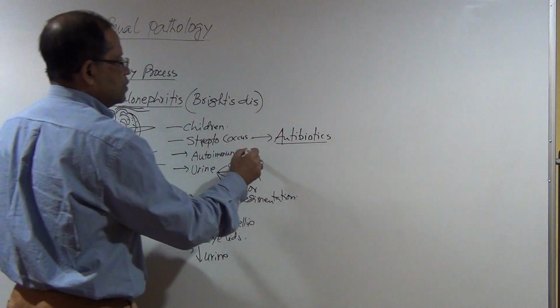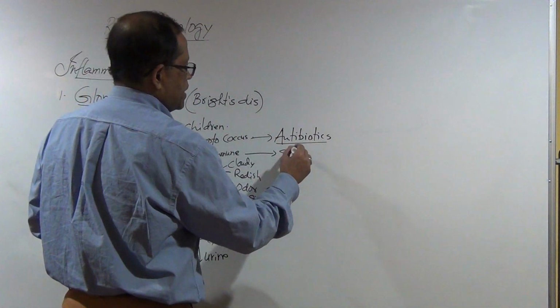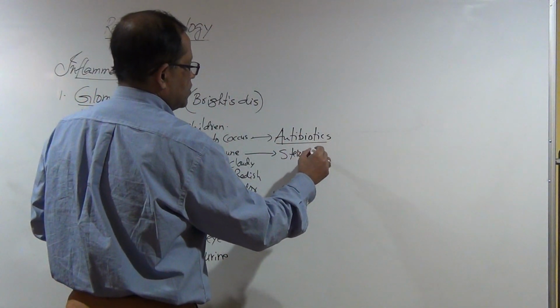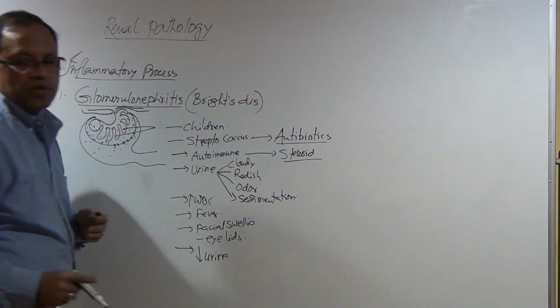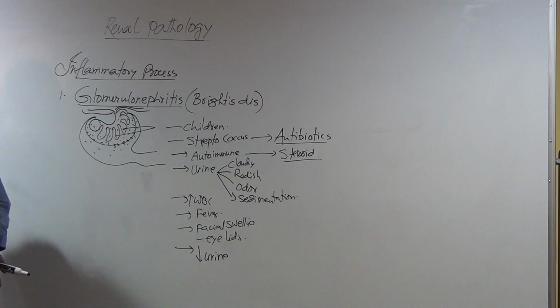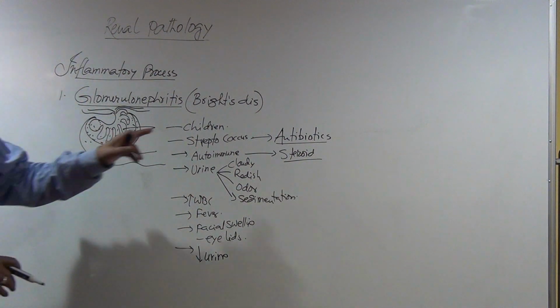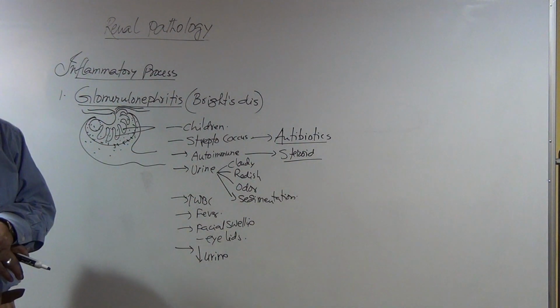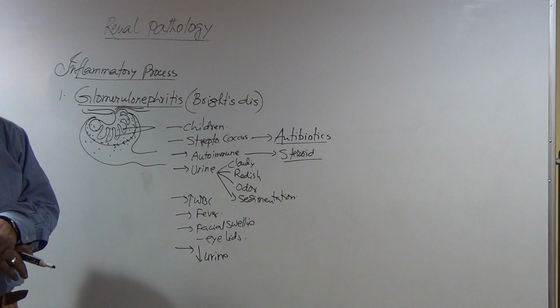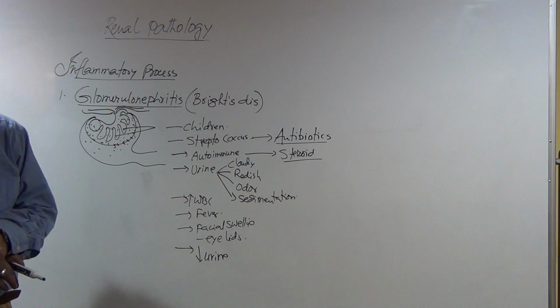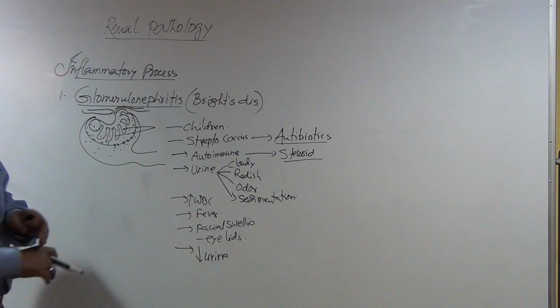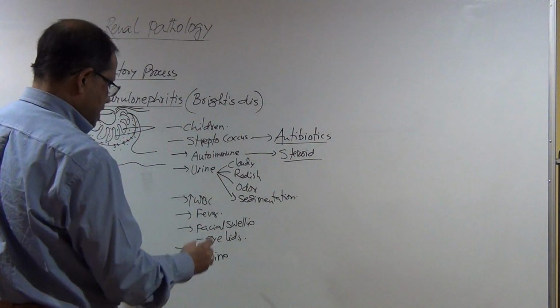If autoimmune, they will give steroids, but it will turn chronic. No good. And it is in children. Okay? And it is always bilateral.